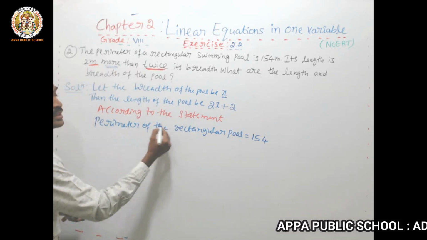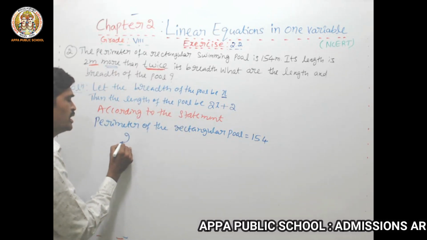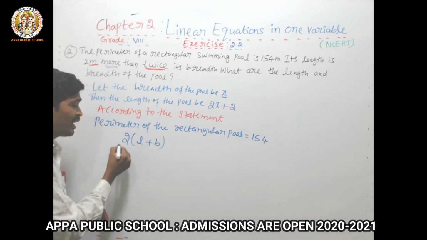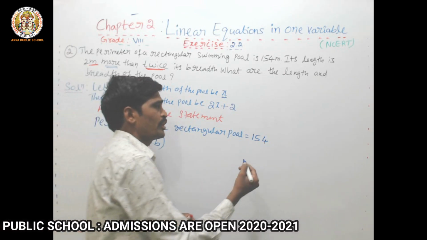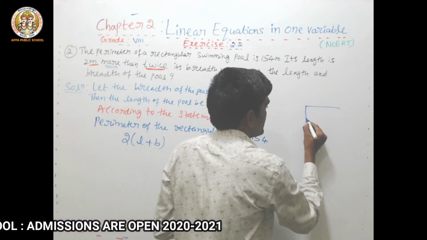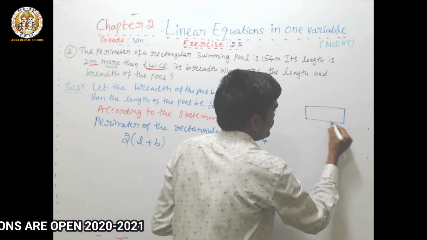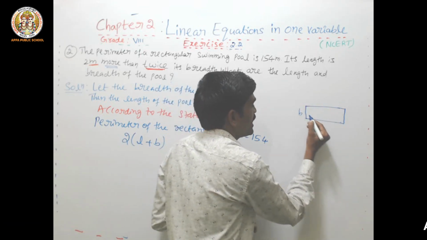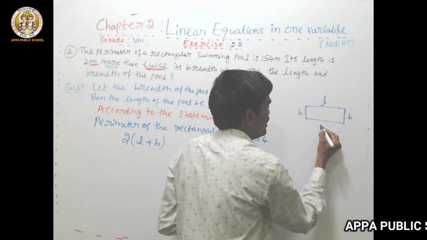My dear students, perimeter of the rectangle, everyone knows, should be 2 into L plus B. Why are we using 2 only? Why can't we use 3 over there? Because already we know the properties of a rectangle, opposite sides are equal. Smaller side is called breadth, larger side is called length.